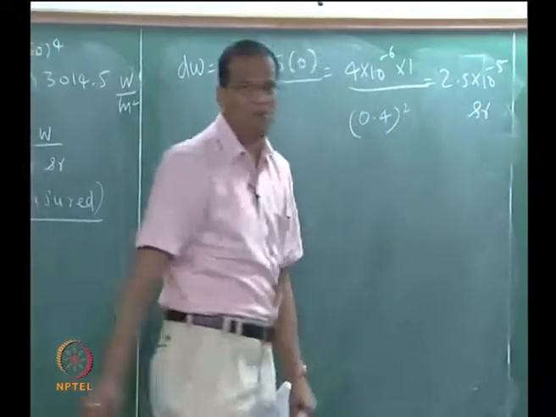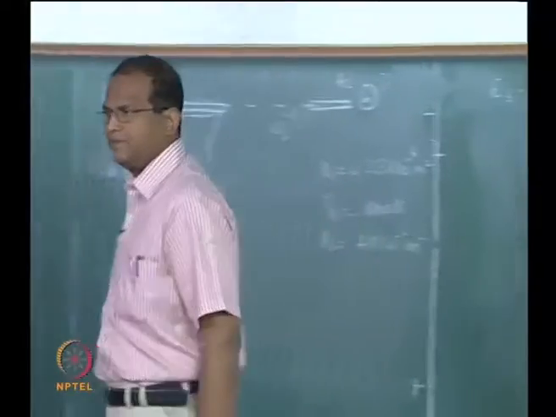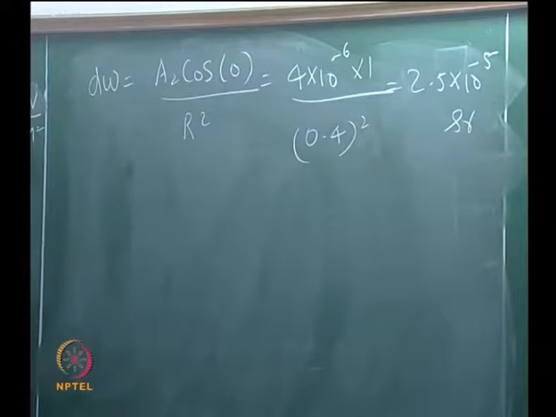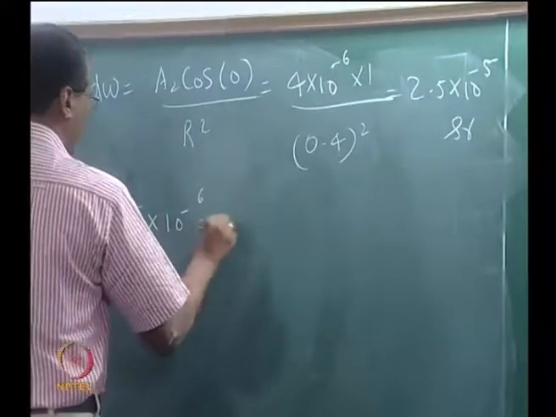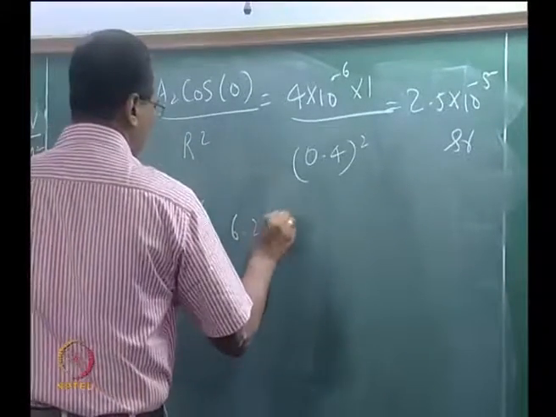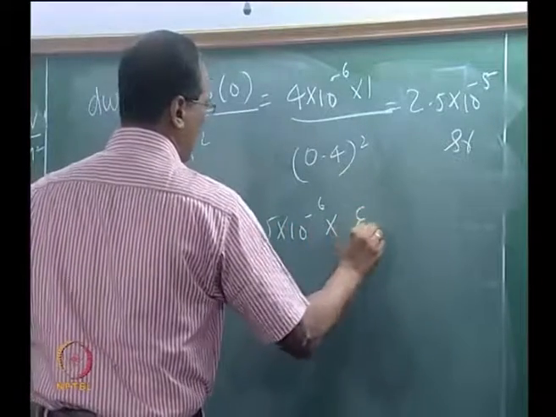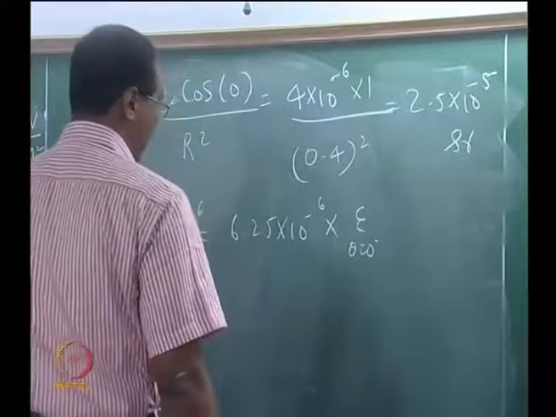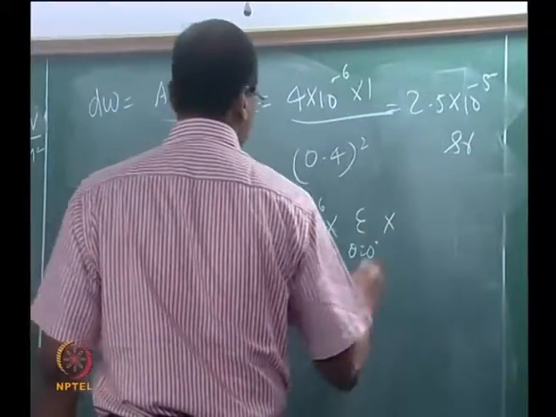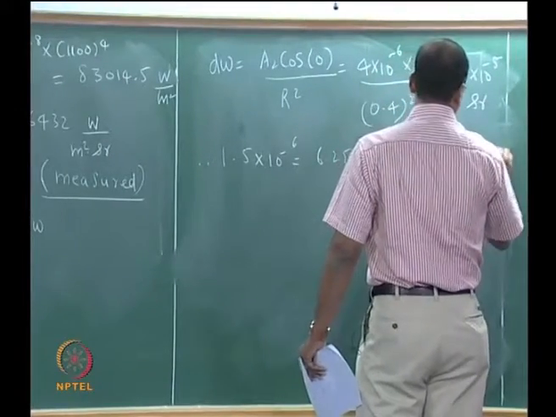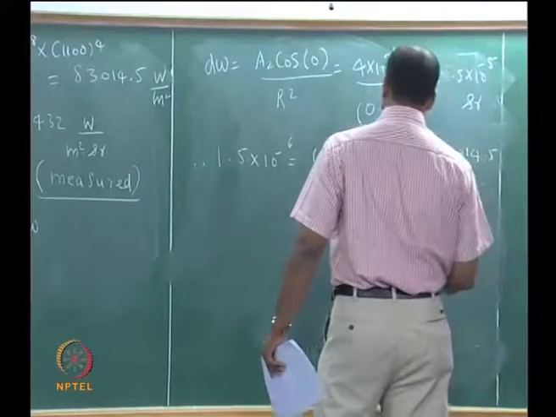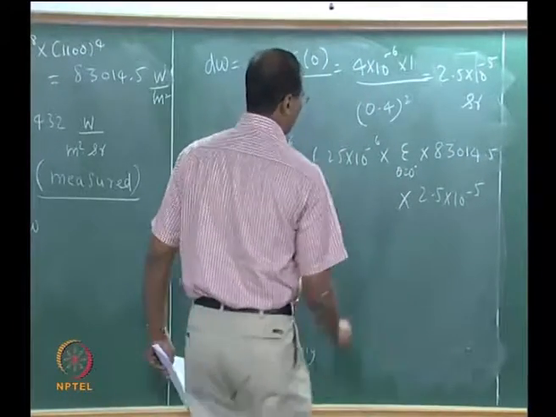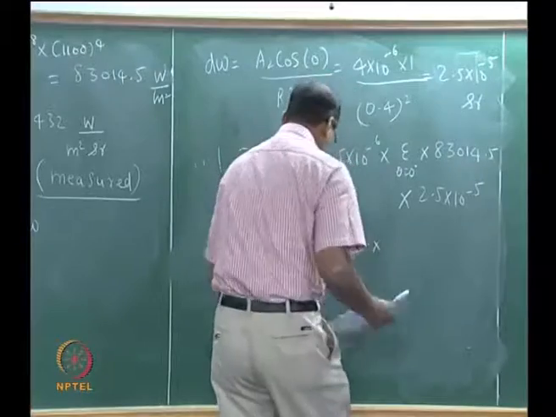Is this correct? A1 is also there, so not 83,000.